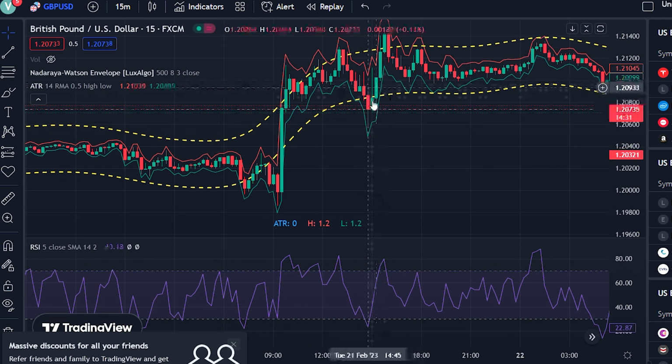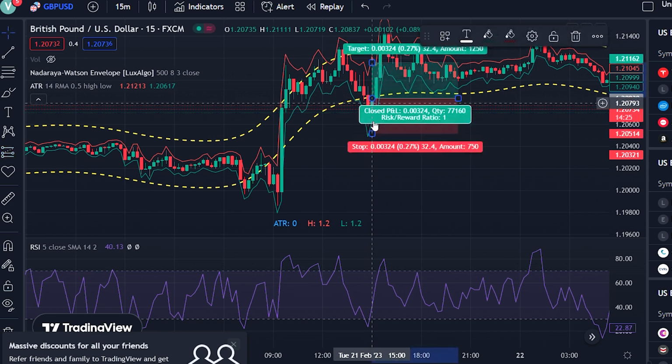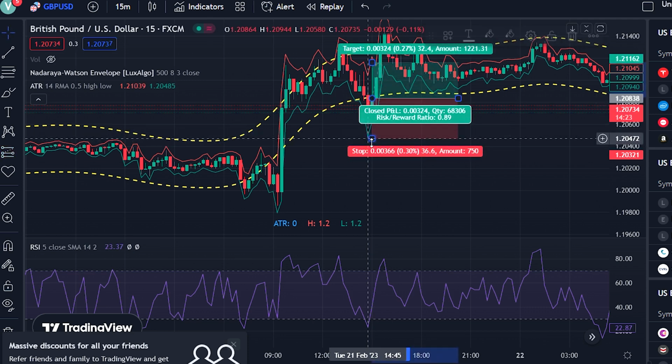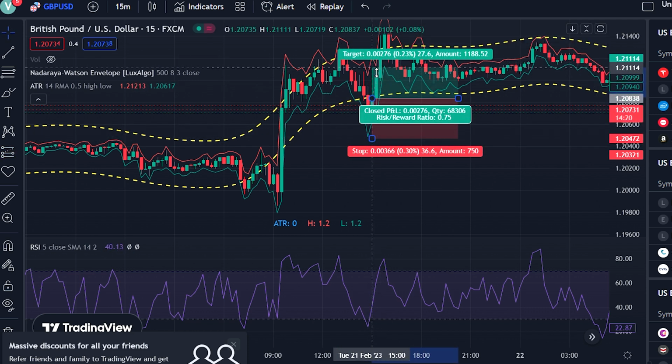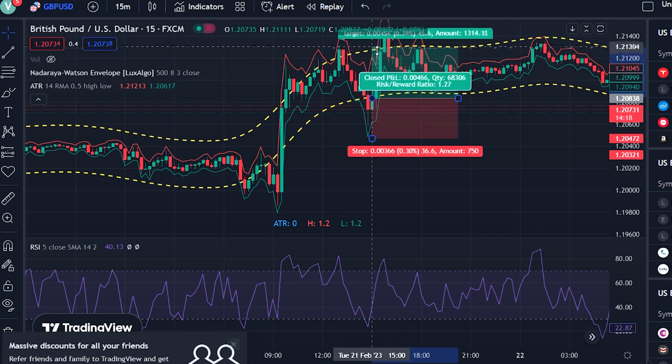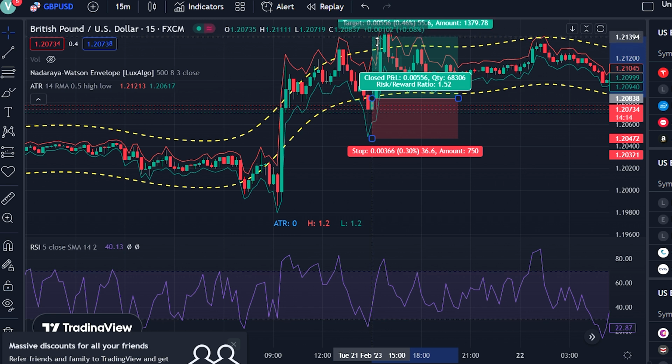Let's see if this works. You get a green candle, get in, set the stop loss at the ATR line, 1 to 1.5. Right, what a hit right there.